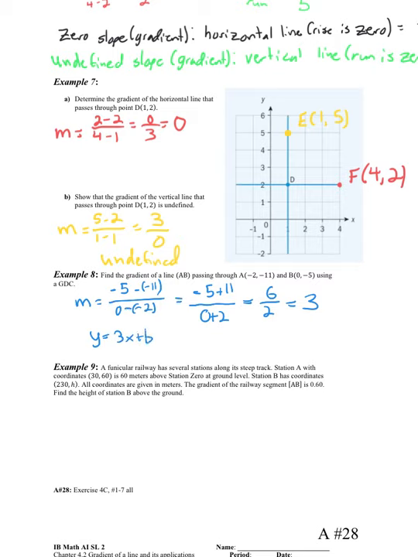And then if I want to find the y-intercept for this problem, if I do want to write an equation for it, I can plug in either point. And we'll find out that the y-intercept is indeed -5. So our equation is y equals 3x minus 5. If I wanted to write an actual equation for it. Okay?